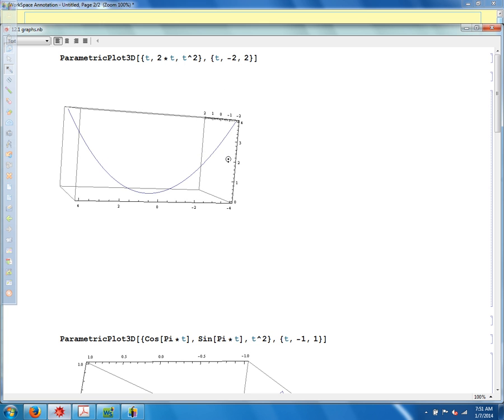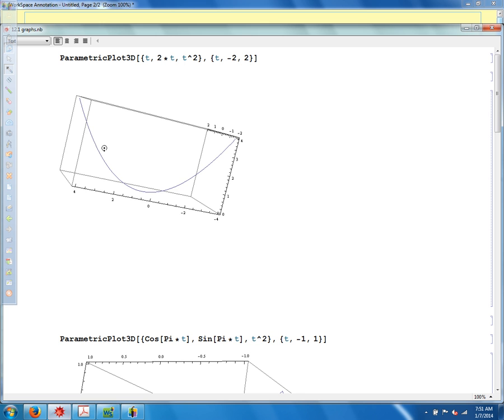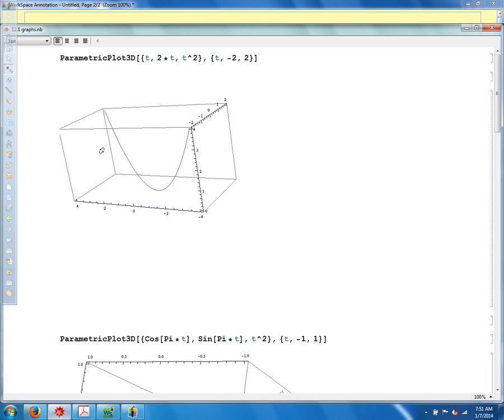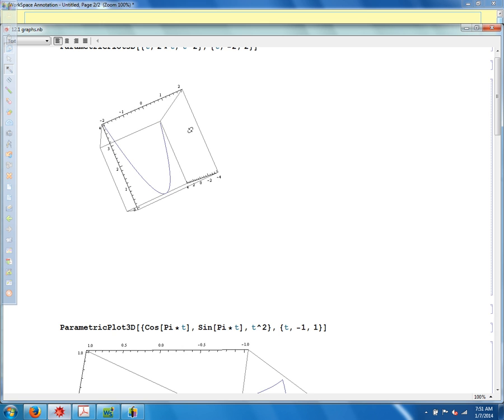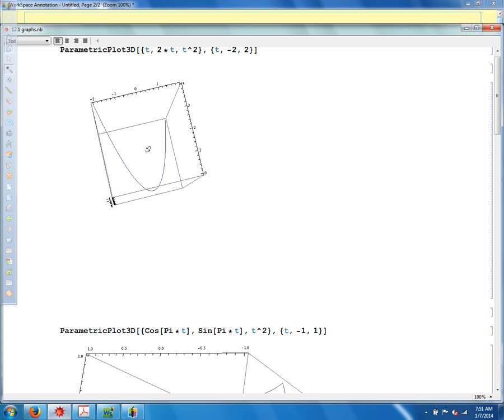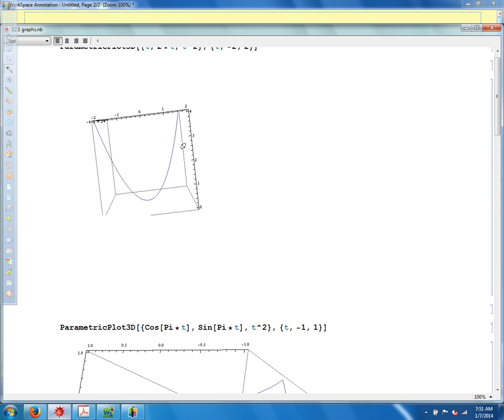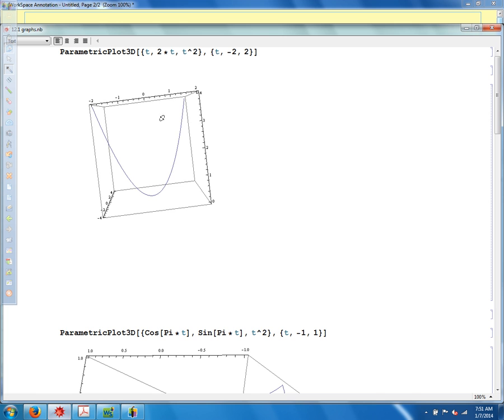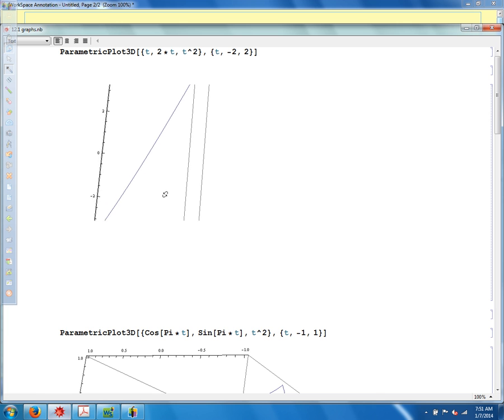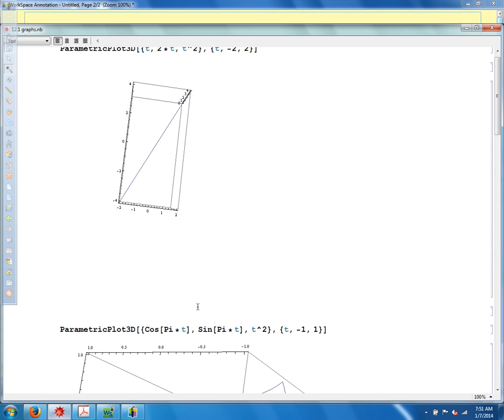Let me see if I can turn it the right direction. Sometimes it's hard to figure out how to turn this. There we go. In the yz plane, we get a parabola. And if we look at it straight above, there's our line in the xy plane.